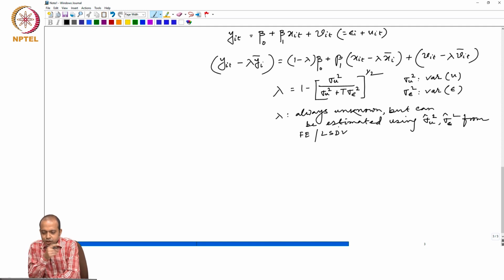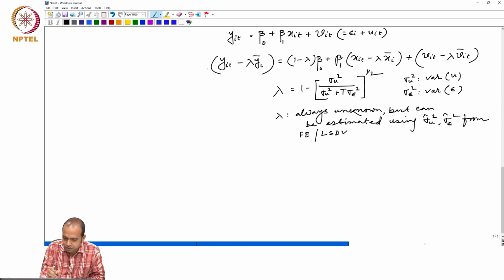The sigma square u and sigma square epsilon are unknown population parameters, but once we estimate a model using either fixed effect or pooled OLS, we can always get their sample counterparts, sigma square hat u and sigma square hat epsilon, and using these we get lambda hat. This is called the random effect transformation, or RE transformation.